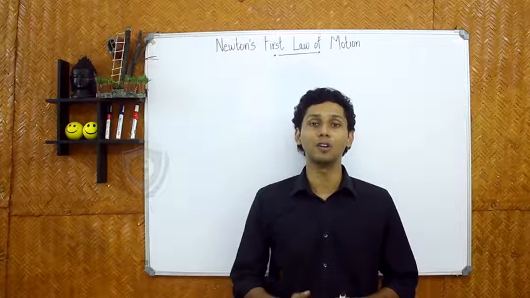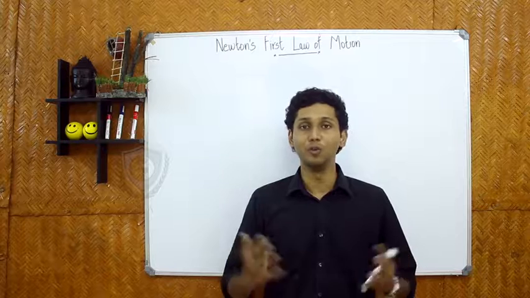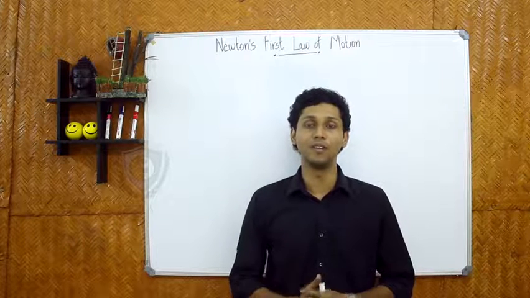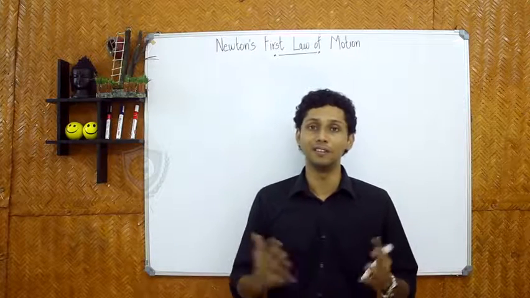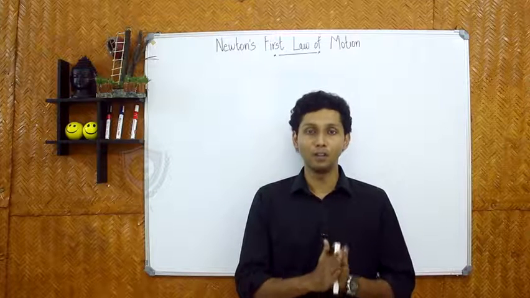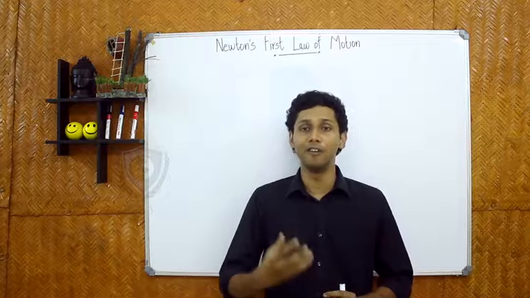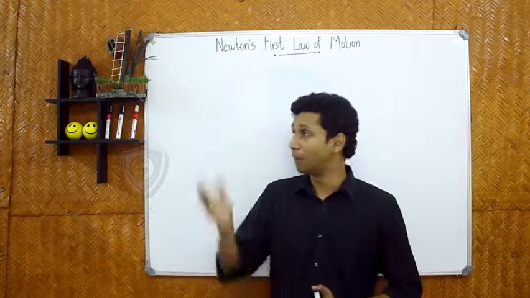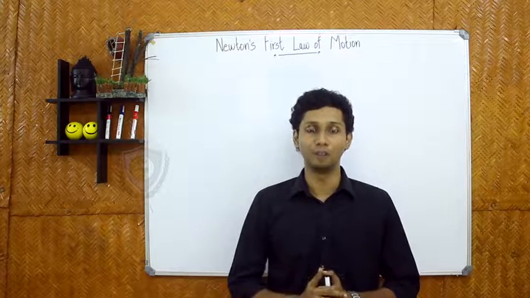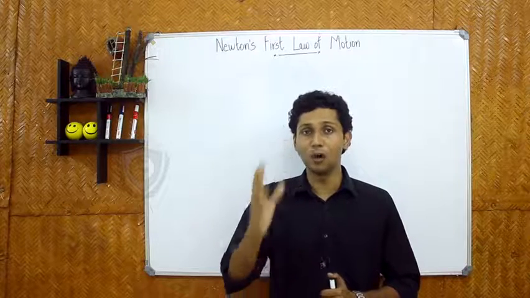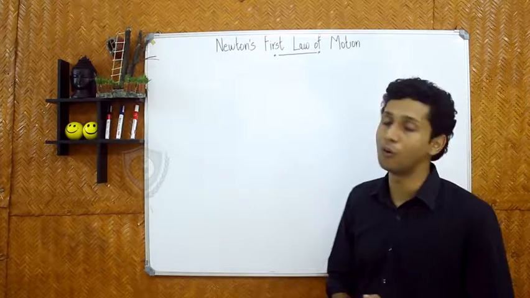Before that, we need to talk about Newton. As you know, Newton was a great scientist. All of us know that he is a genius. Newton simply changed the way by which we understand our universe by enumerating his three laws of motion. Out of his three laws, we are going to learn the first law of motion.